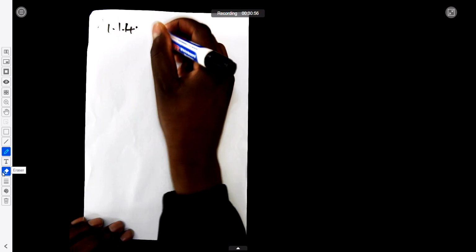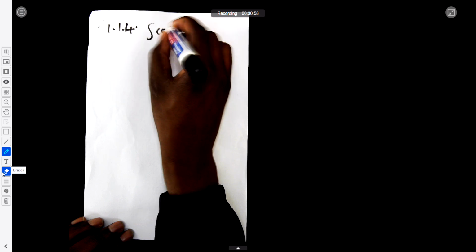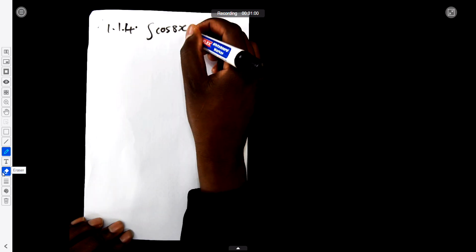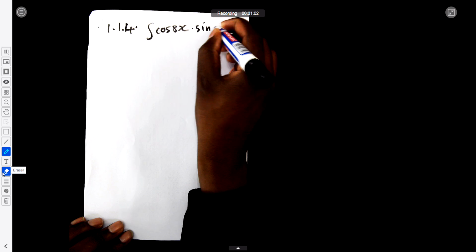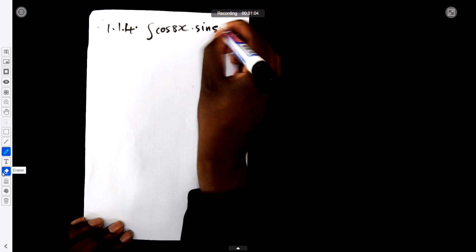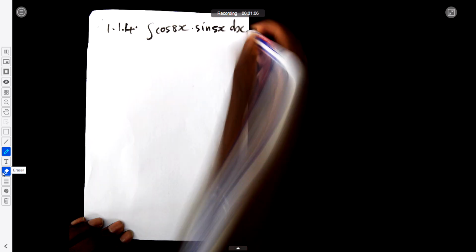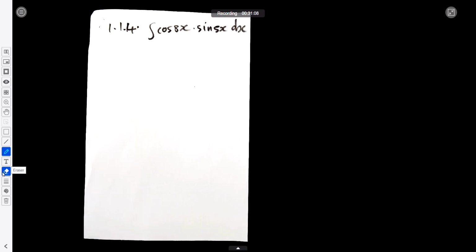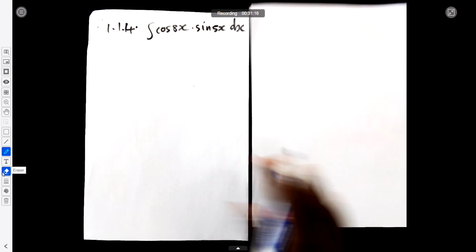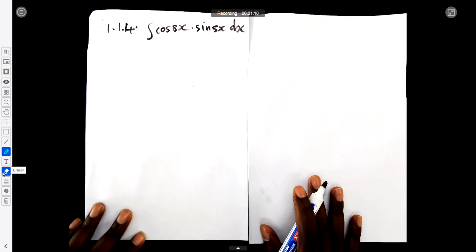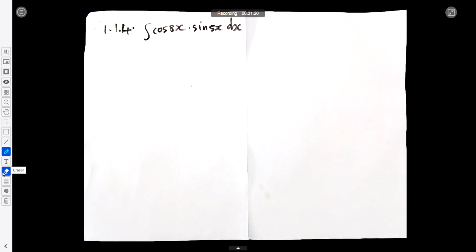I want us to look into 1.1.4, where we had cos 8x multiplied by sine 5x dx. Before we even solve the problem here, it's just that from the head, I've forgotten the rules.